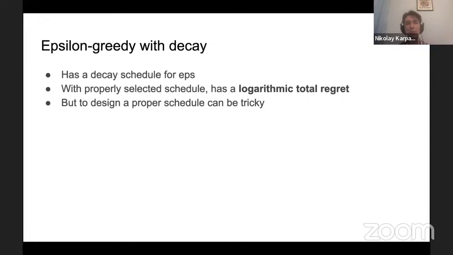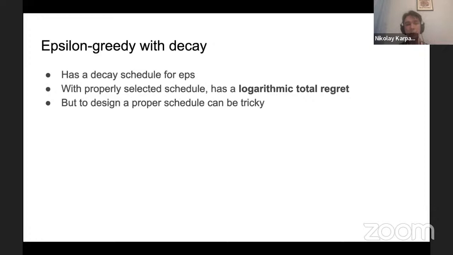But if we get the schedule correct and reduce the exploration rate to 0 only after we converge to the correct ordering of actions, then after that we would always select the action with the greatest expected reward, and we would not increase the total regret anymore.